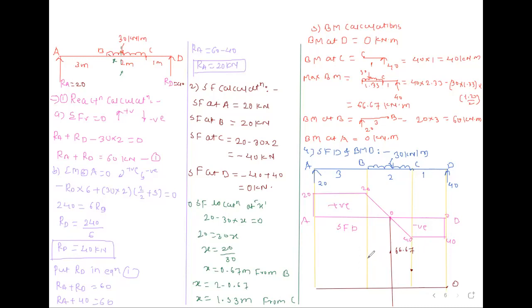After that, bending moment at B is 60, so near about this 60. And bending moment at A is 0. Now you tell me where the parabolic connection is. B to C, up to this point. And here the connection is linear.